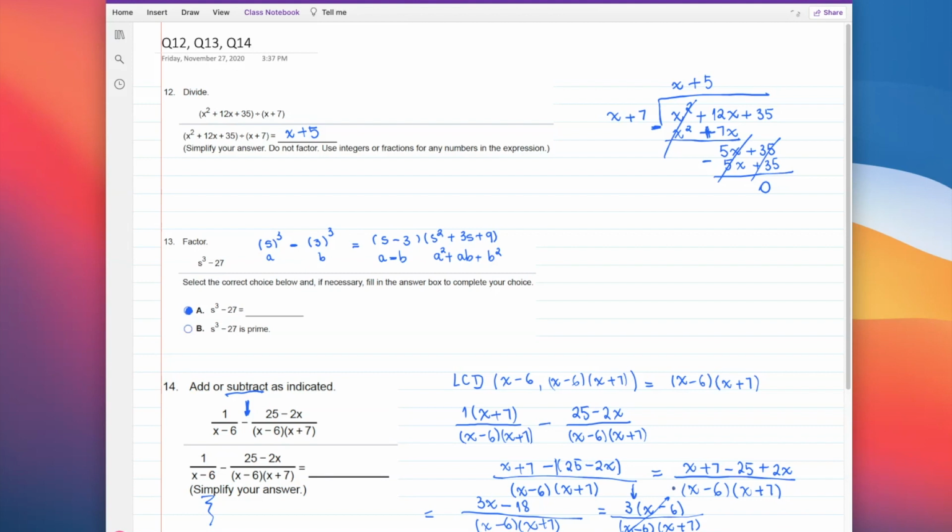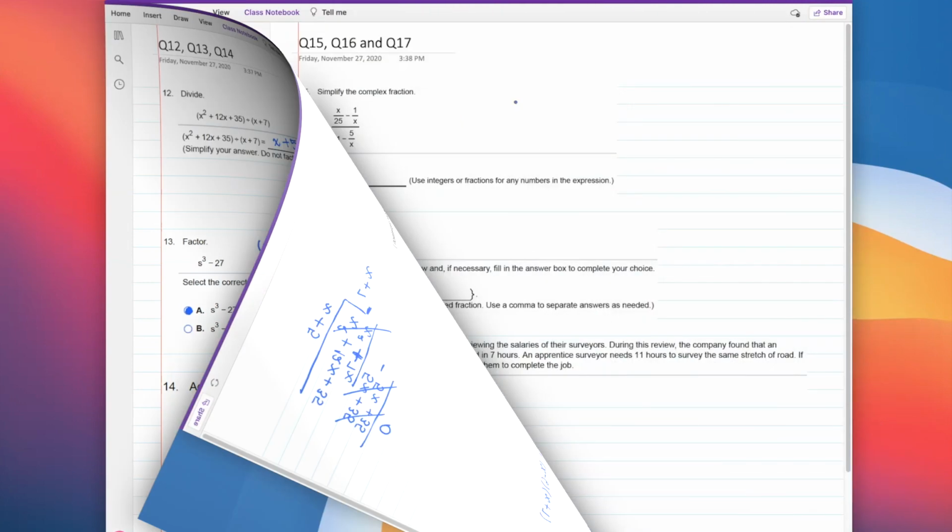So this divided by this is 1. Now I have 3 times 1. Numerator is 3, and denominator is x plus 7. So this is the final rational expression after subtracting those individual rational expressions.